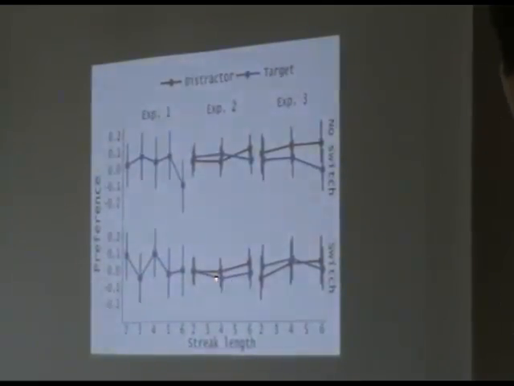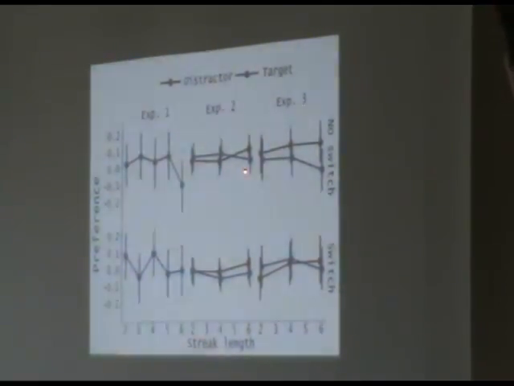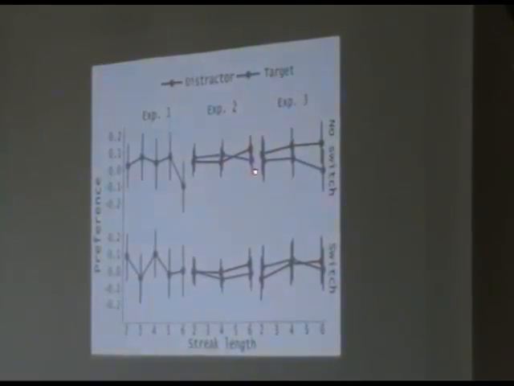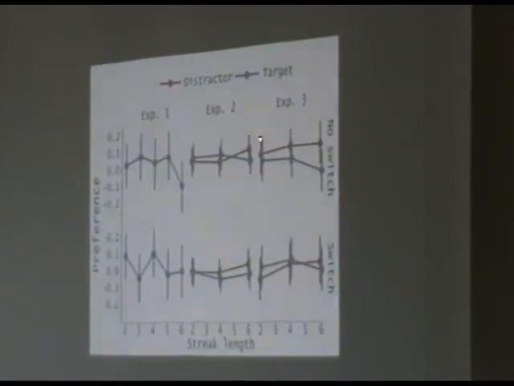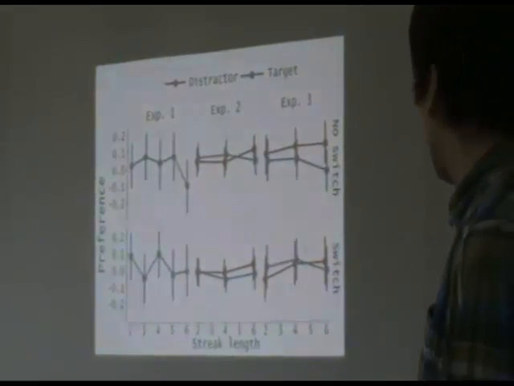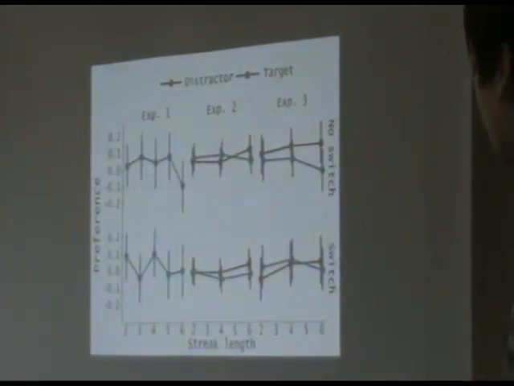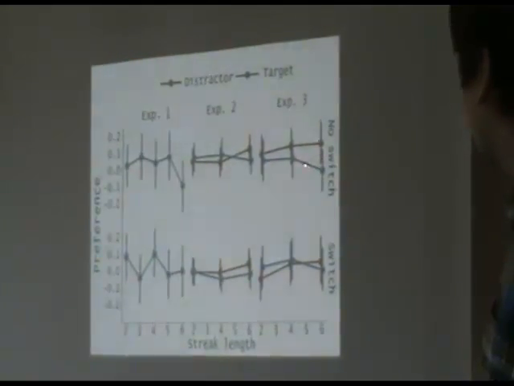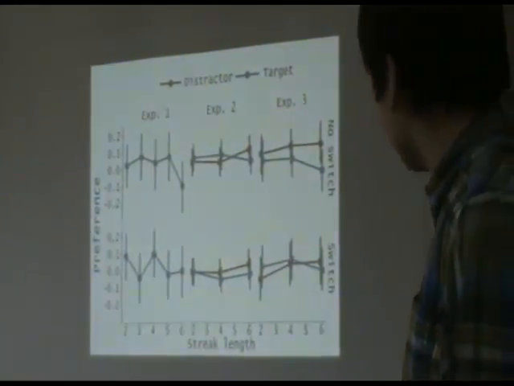In the second experiment, it looked like there might be some relationship, because on the longest strips, targets were rated more negatively than the distractor, but it happened in both the no switch and switch conditions. And the same as the last experiment.